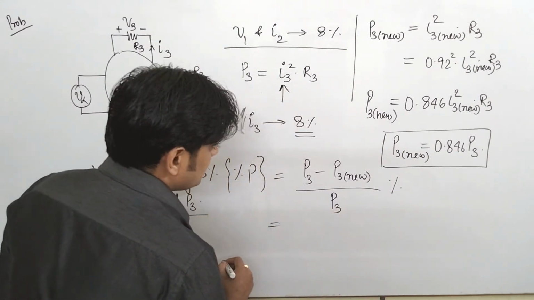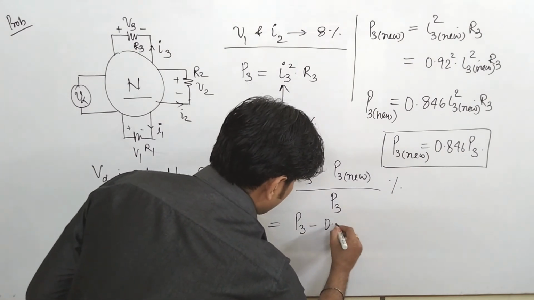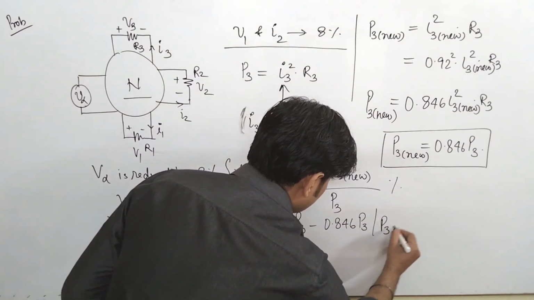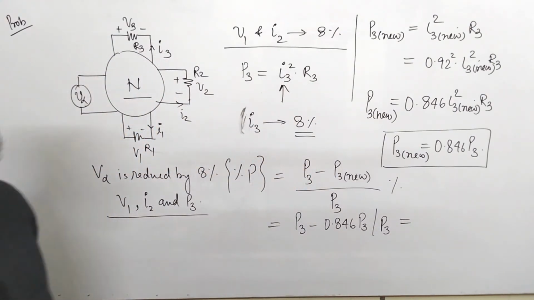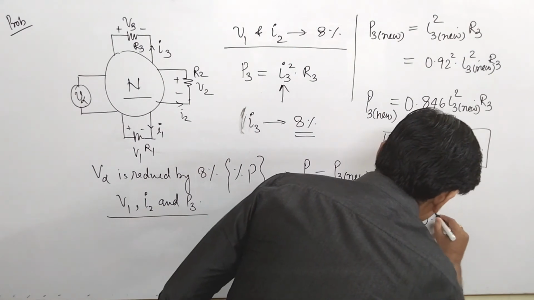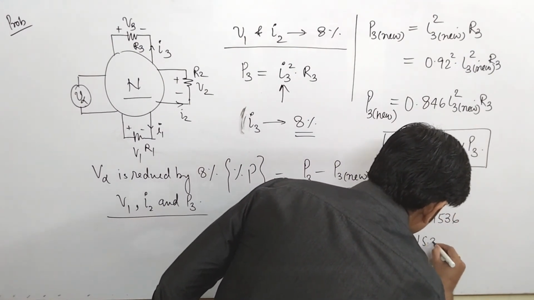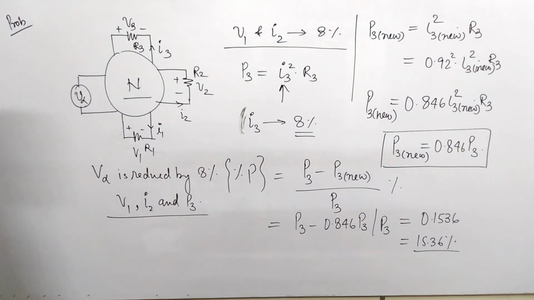So it is P3 minus 0.846 of P3, divided by P3. That comes to be 0.1536, or you can say 15.36%. So you can say that your power will be reduced by 15.36%.